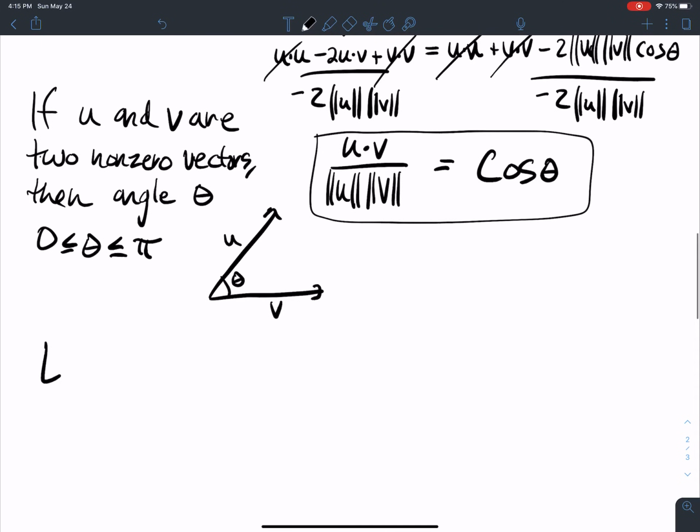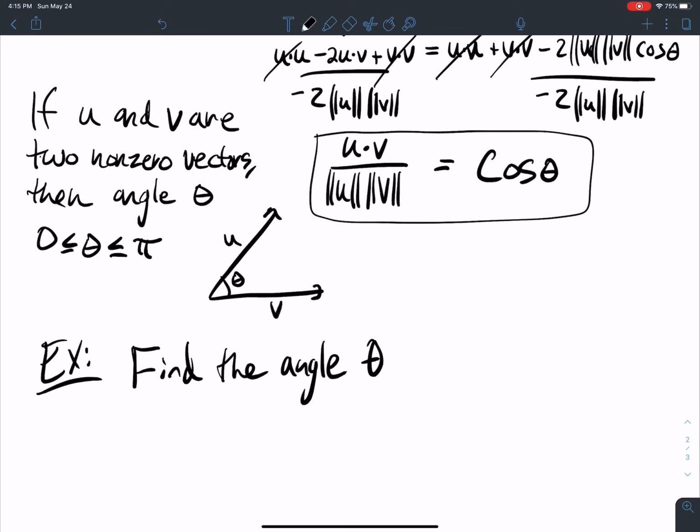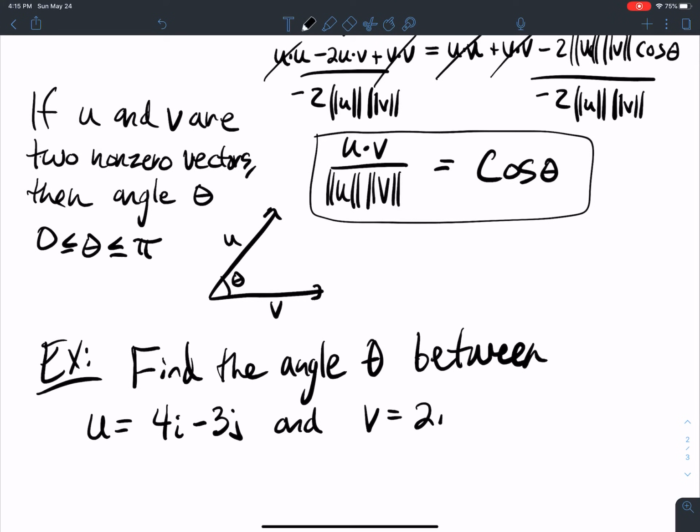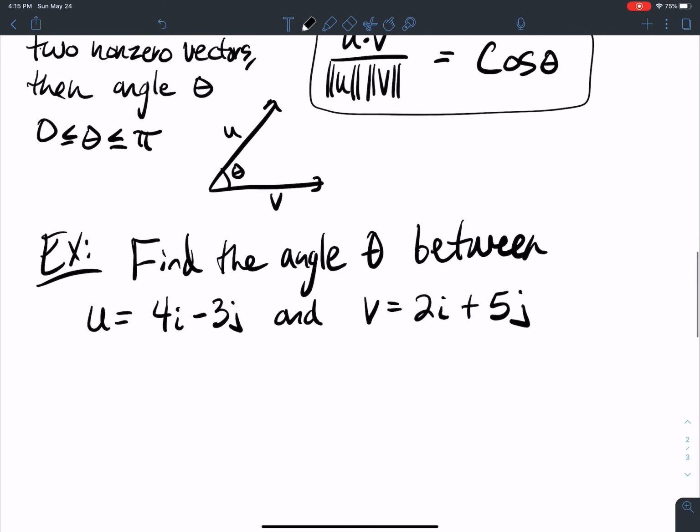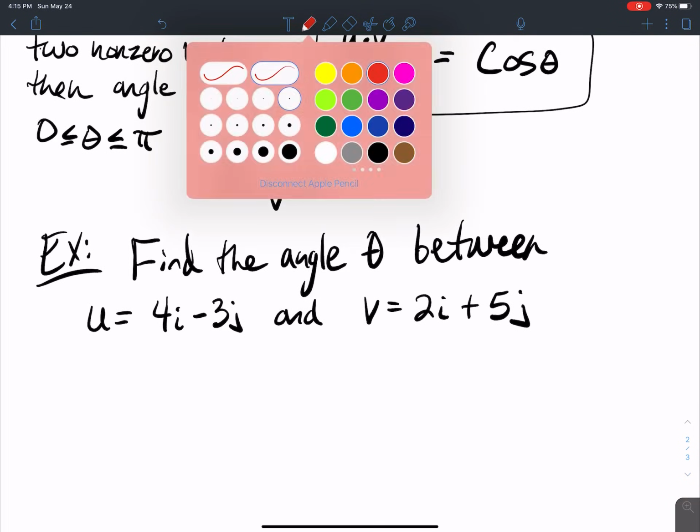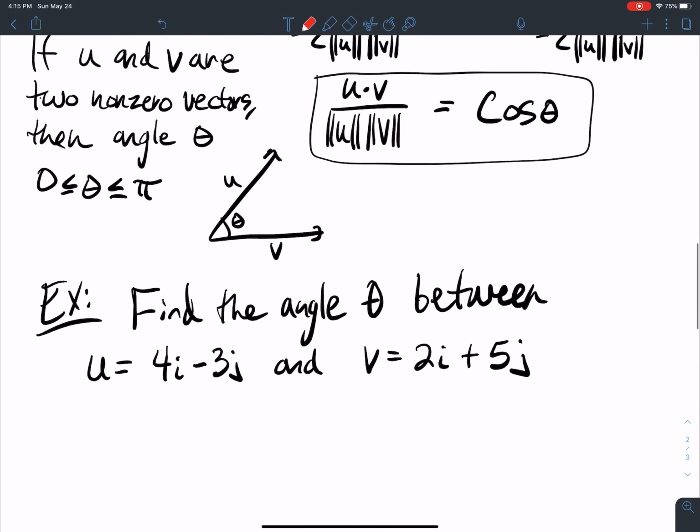I'm going to do an example on finding that angle. I want to find the angle theta between u equals 4i minus 3j and v equals 2i plus 5j. To do this, who are the players?